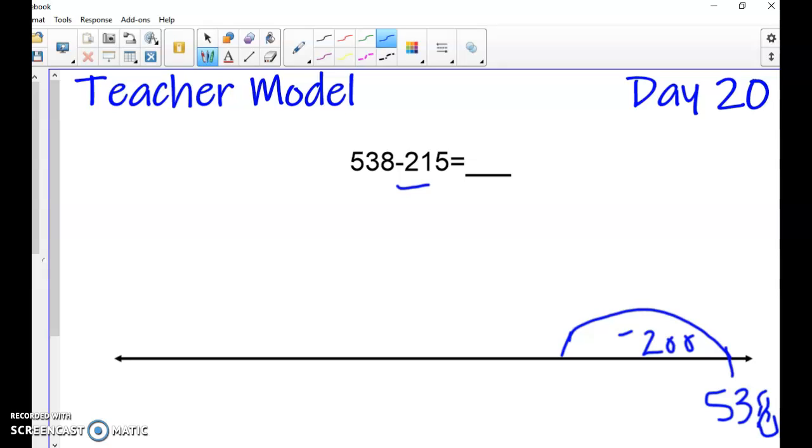So 538 minus 200 is 338. And now I need to take away 10. The only place value that's going to change is my tens. So 338 minus 10 is 328.